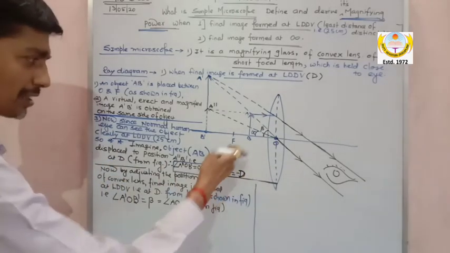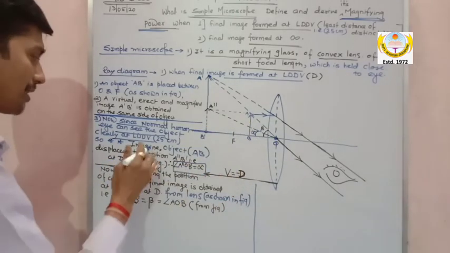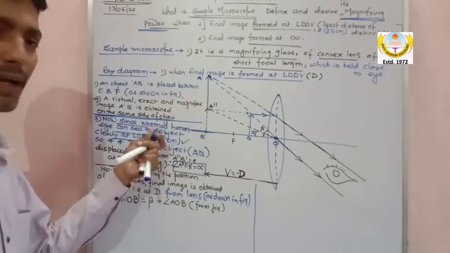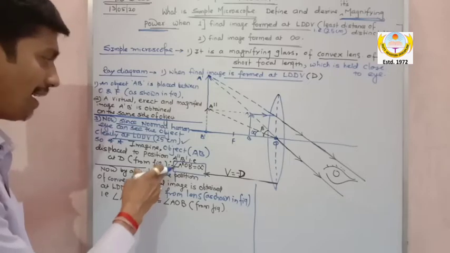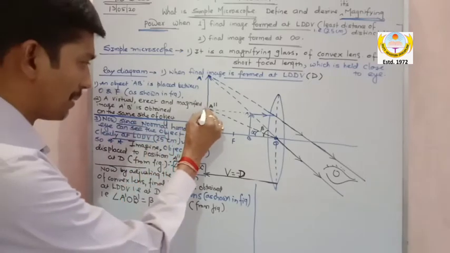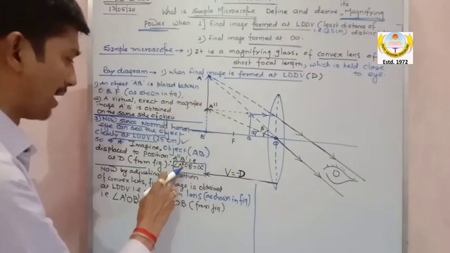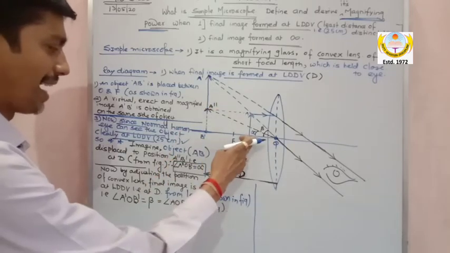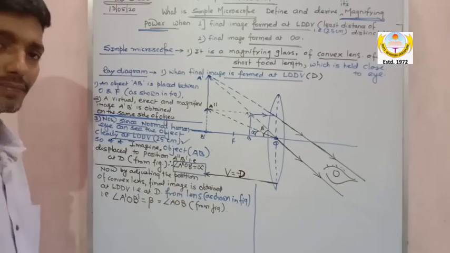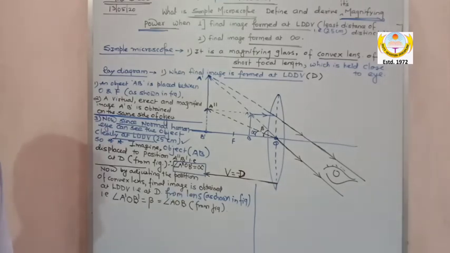I have shifted this object to the least distance of distinct vision because a normal human eye can see up to 25 centimeter, my dear. And then from the figure I got another angle, and that angle is angle A double dash OB dash, and that angle is alpha. You all can see in the diagram.